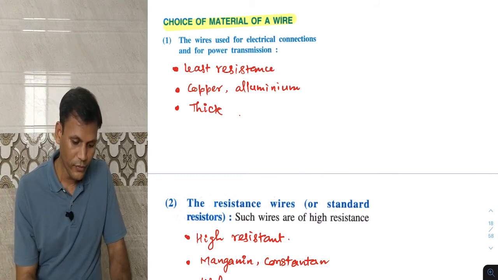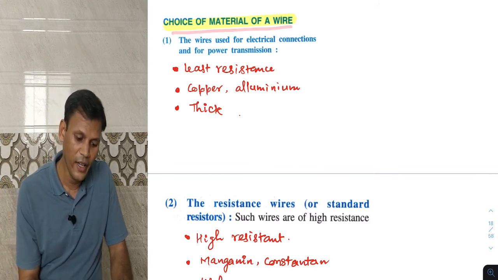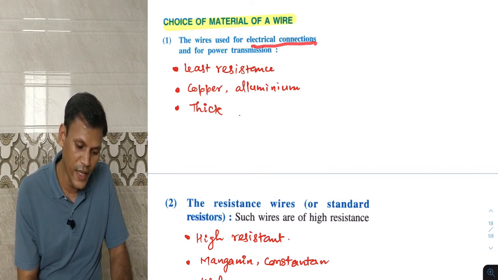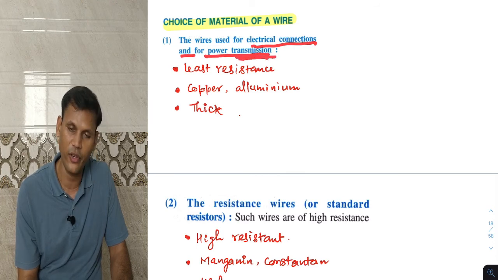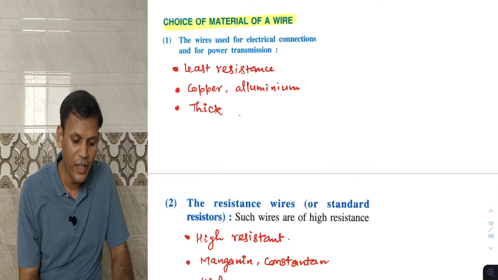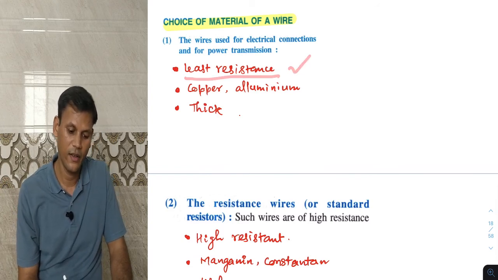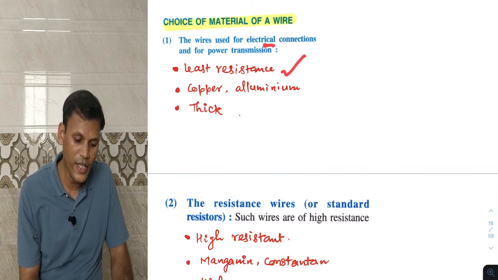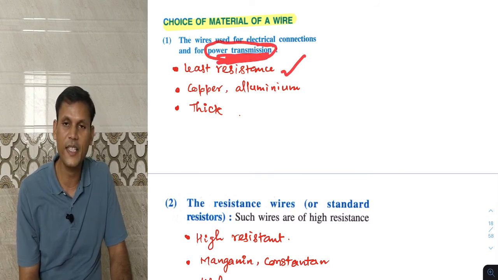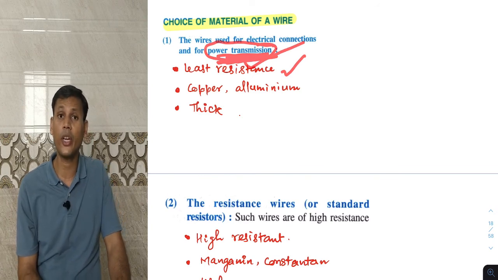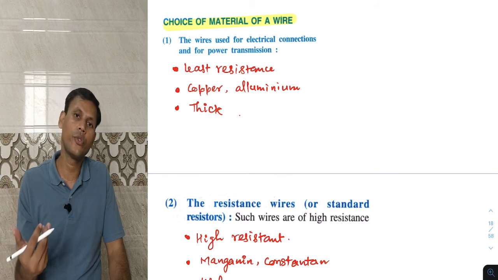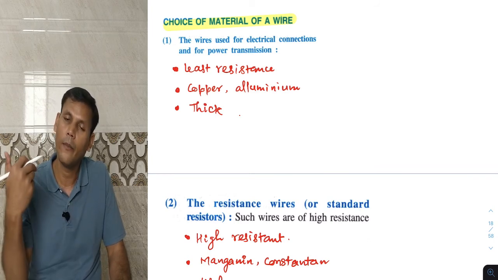The wires used for electrical connections and for power transmission, like overhead wires through the poles, should have least resistance. Why? Because if we use a material of high resistance during power transmission, heat will be produced due to high resistance, and due to heat the wire will melt.